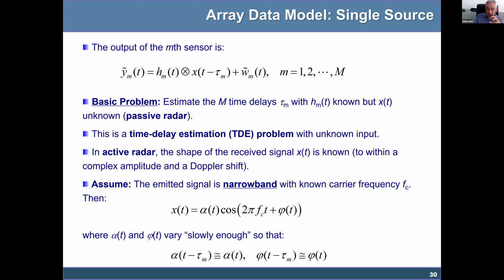So it's a known function typically of unknown parameters. And the unknown parameters bring information about the kinematic parameters of the target, range, directional arrival, radial speed, and so on.